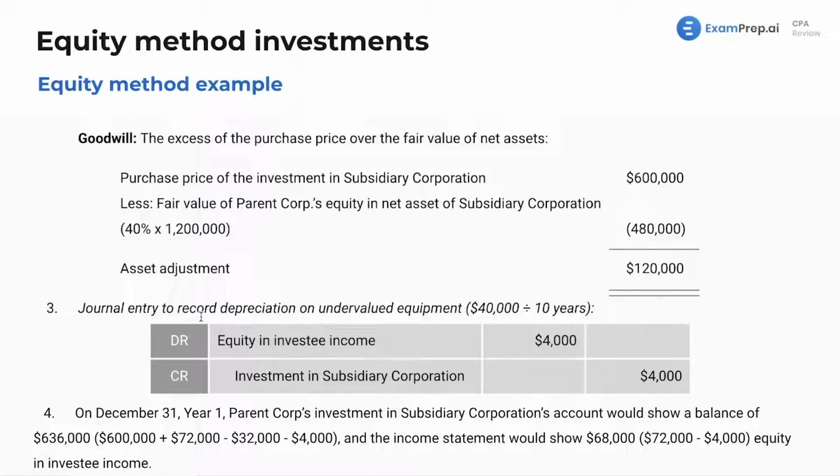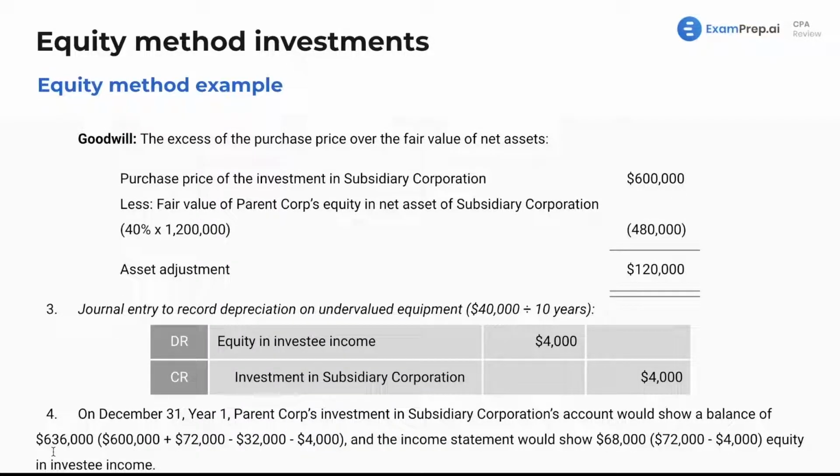What about depreciation on undervalued equipment? This is less common, but you might see it here. Basically, we needed to depreciate our undervalued equipment. This is an expense, so we're writing down our investment in the subsidiary corporation.